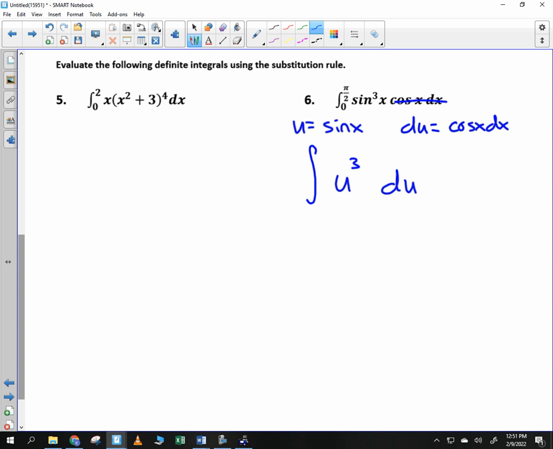How I figure out my bounds is I simply plug them in for u. What is the sine of 0? 0. And everybody here knows the sine of pi over 2. 1. What's the antiderivative of u to the third? And we're going to evaluate that at 1 and 0. So you don't have to use 0 and pi over 2. You just use 1 and 0.